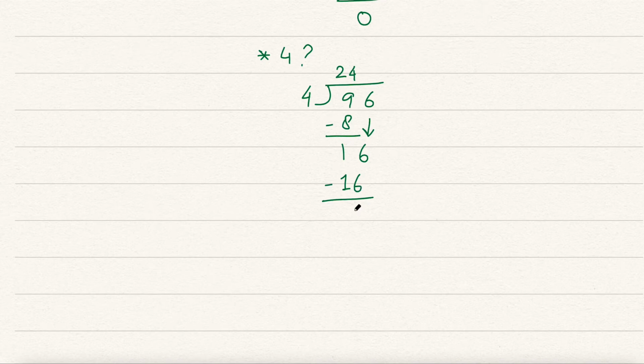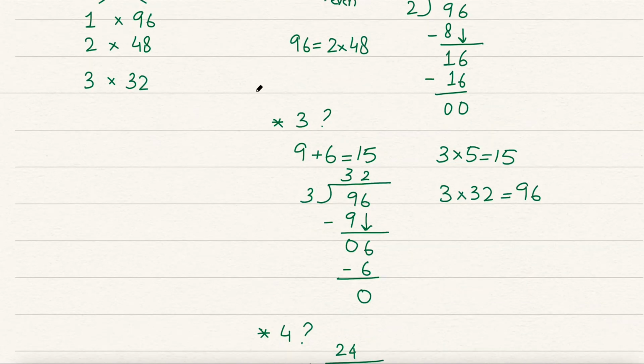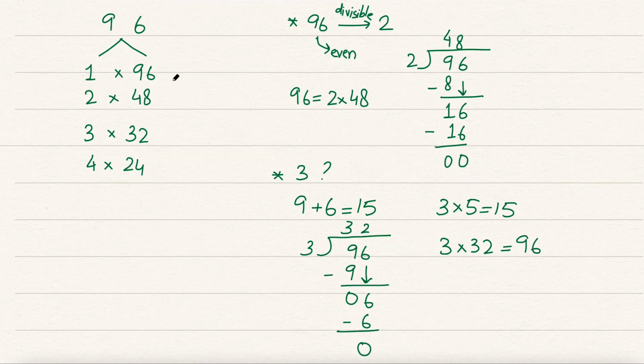Subtract the numbers. 6 minus 6 is 0, and 1 minus 1 is 0. 4 times 24 is 96. We'll write the factors. 4 times 24 is 96.